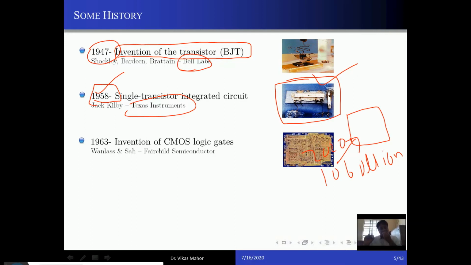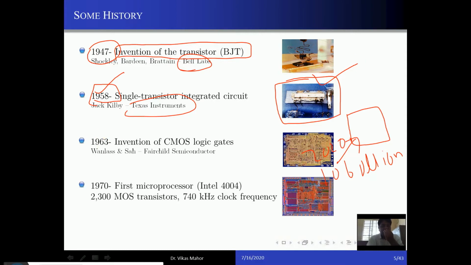Only CMOS is used for fabricating your integrated circuit. There is a reason for that. I'll let you know what that reason is, why only CMOS is used for fabricating the integrated circuit. So that is also one of the benchmarks, that in 1963 the first CMOS based logic gate was invented, or the CMOS based integrated circuit was invented.